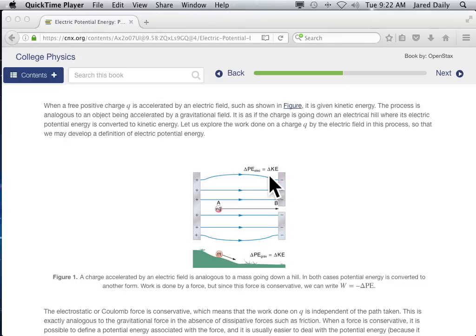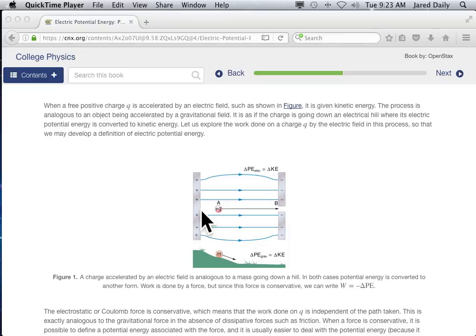So if I release this charge right here, close to this positive plate, where is my kinetic energy going to be biggest? If we let it go and see what happens, at one point in space between these two plates, will the kinetic energy of that positive charge be the biggest in this electric field? Yeah, when it's close to that plate at point B, right?